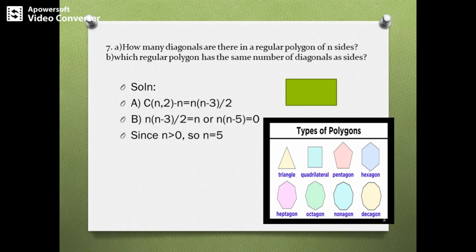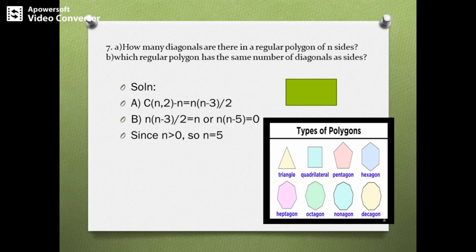And any two vertices, if I take, they determine either a side or a diagonal, right? So how can we find out the number of sides plus the diagonals? The number of sides plus the diagonals is C of n comma 2. If you take n equal to 4, C of 4 comma 2 is nothing but 6, and n refers to the number of vertices.